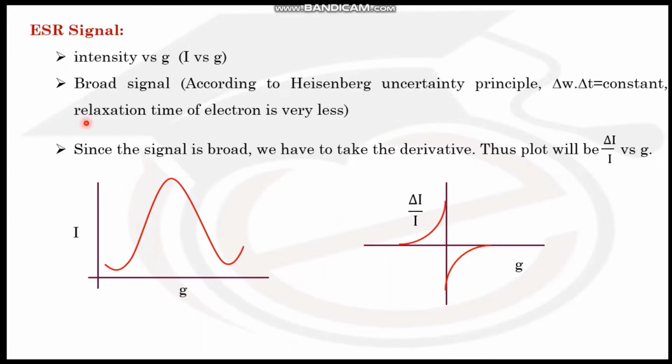ESR plot means it is intensity versus g. Then we are getting a broad signal, so we have to take the derivative, delta I by I versus g. Maybe you can expect a question like what is the plot of ESR. And this g value for electron is almost equal to 2.